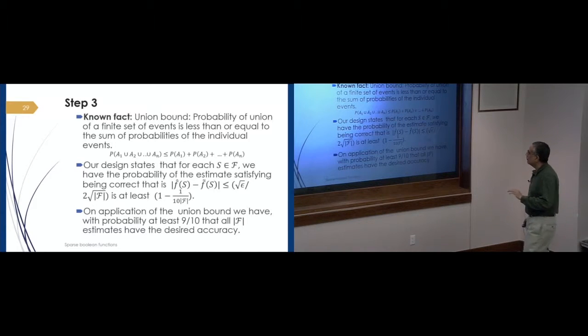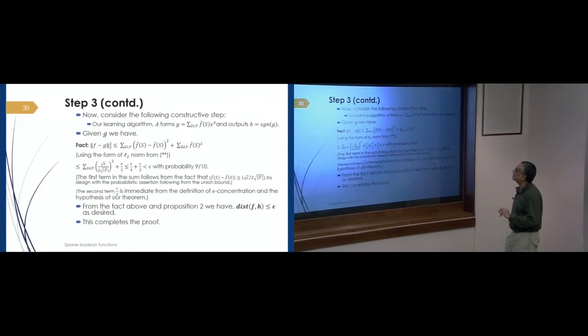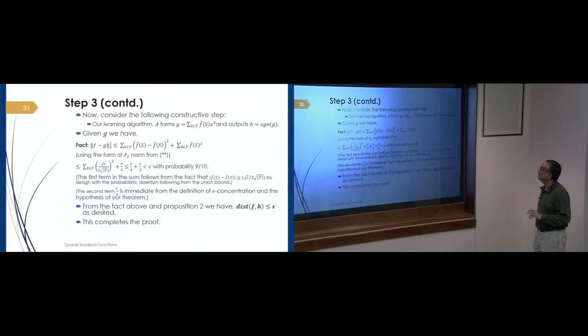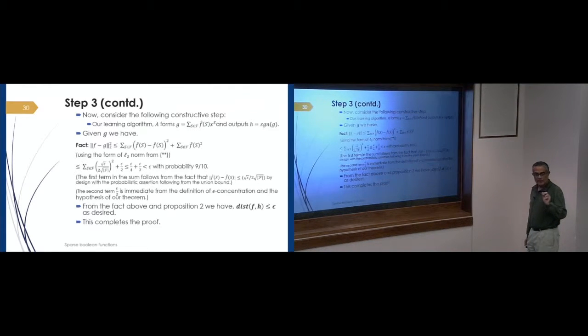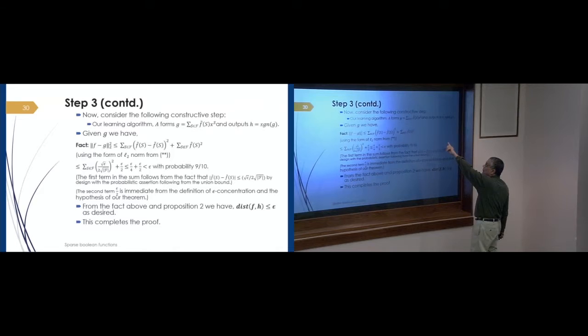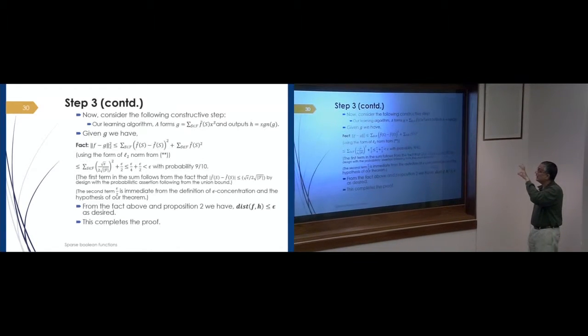So now with these two facts, let us consider the following step. So our learning algorithm forms the function g, which is the intermediate function to hop to h from f, or the other way around. It forms the function g, which is the sum over these sets in the family script F, f tilde S times x to the S. That's the function we are after.